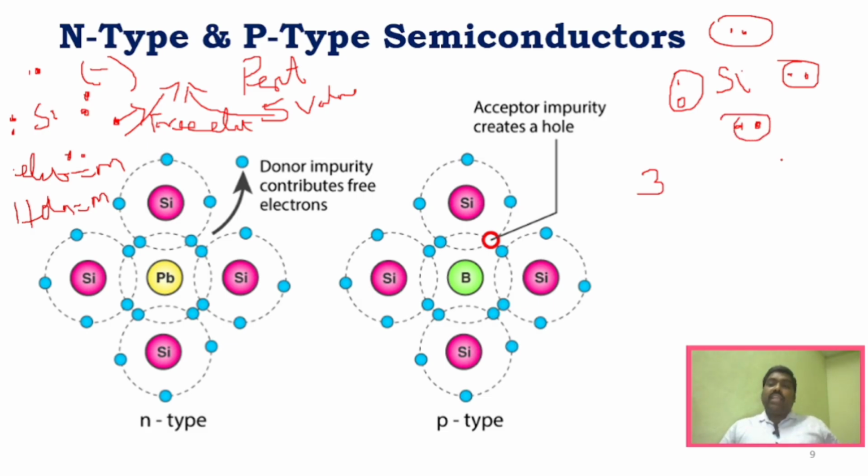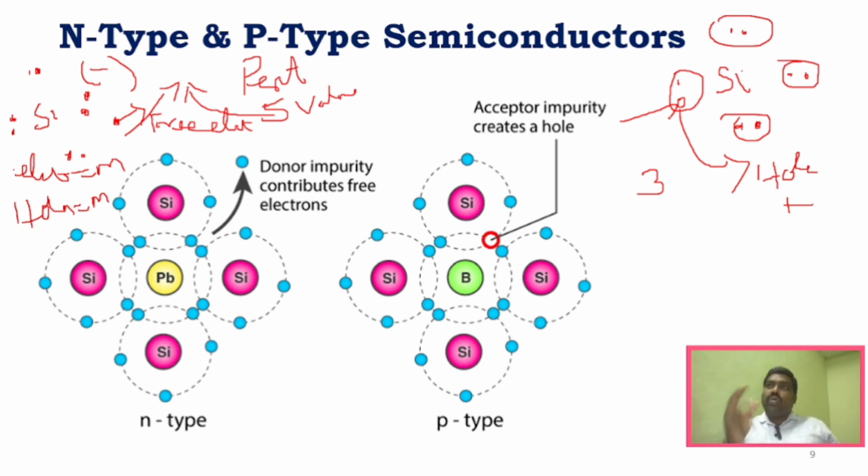And if you constantly add this trivalent impurity, it is going to increase the holes, which are positively charged. Why is it called an acceptor impurity? That's because there is a hole here, so whenever an electron comes, it can attract that particular electron. That is why it is called an acceptor impurity.